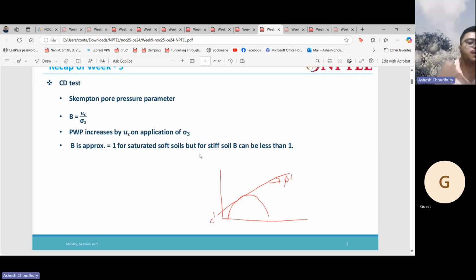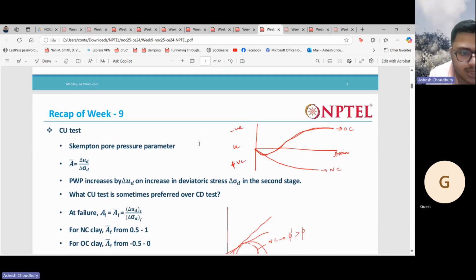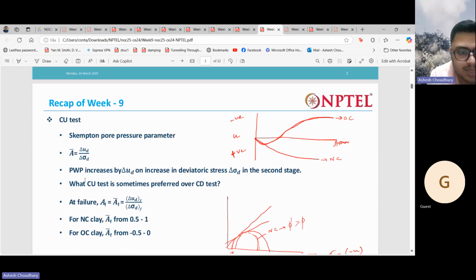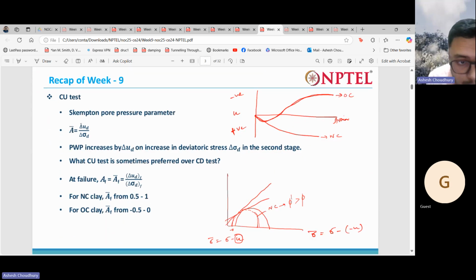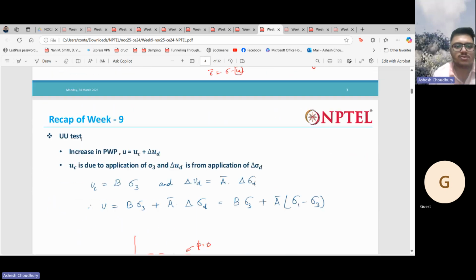So by measuring B before starting your triaxial test, you can check whether your soil is perfectly saturated or not. Then you have the A parameter, which relates the increase in pore water pressure to the increase in deviatoric stress, in the second stage, the shearing stage of the triaxial test. All those things we saw.